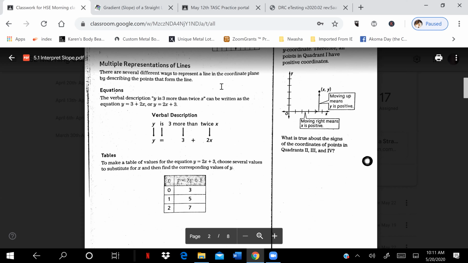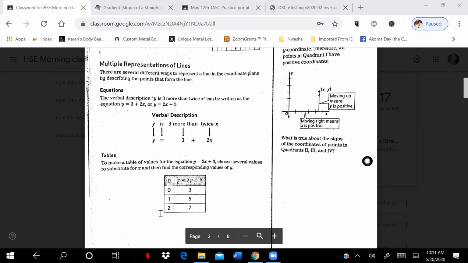This is like a translation when we were doing that with algebra. So what they're saying is the verbal description, y is 3 more than twice x, is just going to be translated into an equation. So they have the y, the word is going to be an equal sign. 3 more is going to be plus 3, and then twice x is 2x.